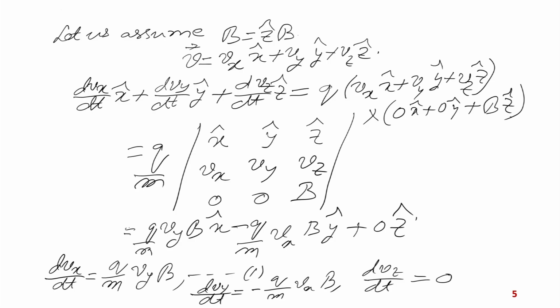So, now what we will do? We will differentiate the first equation with respect to t and see what equation we get. It will be d square V x by dt square equals q by m B times d V y by dt.